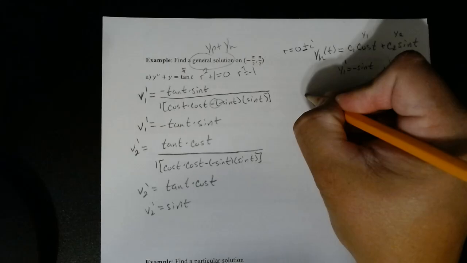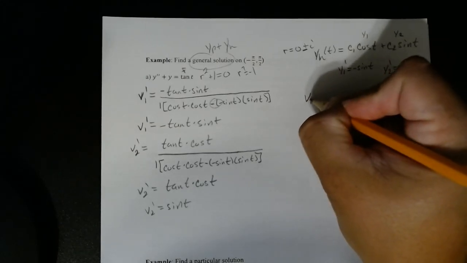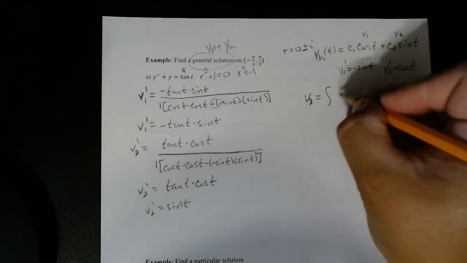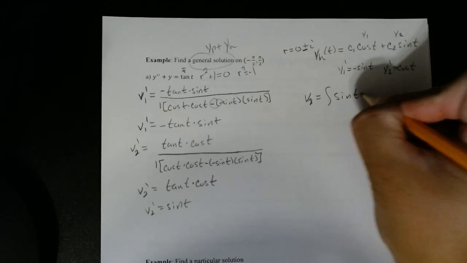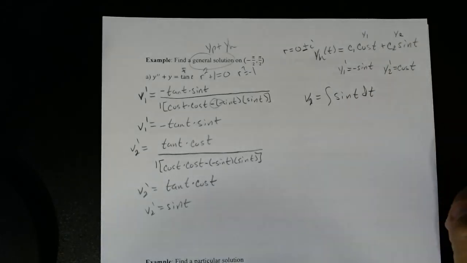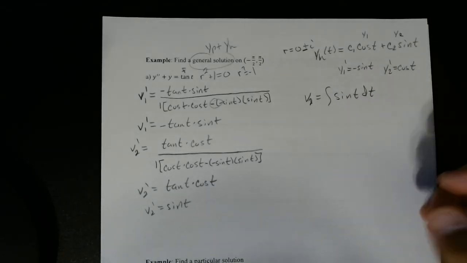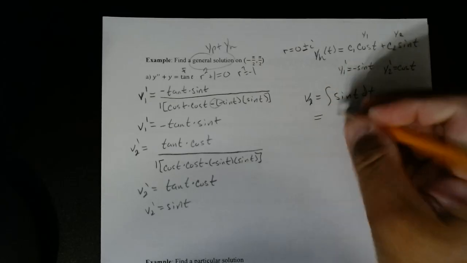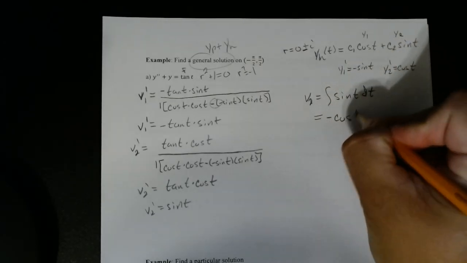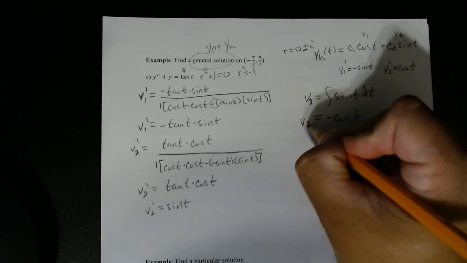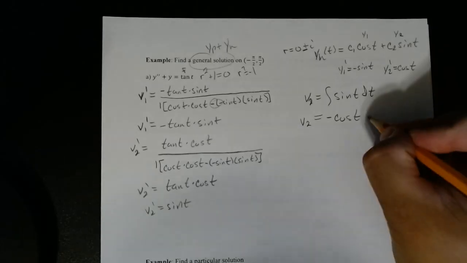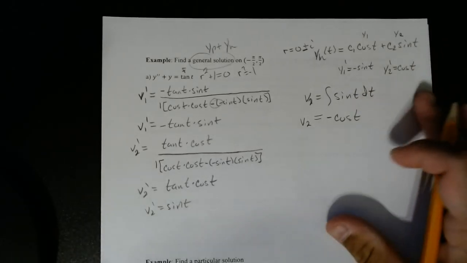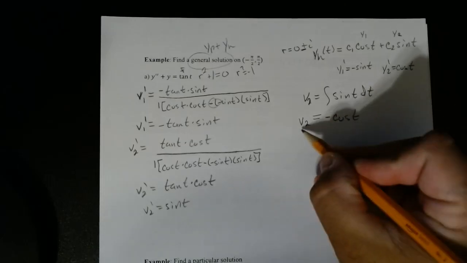So integral both sides. This just ends up being negative cosine, no plus c, but you know the plus c will get devoured. So that's the first part.